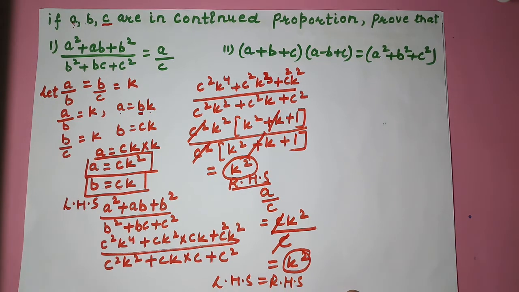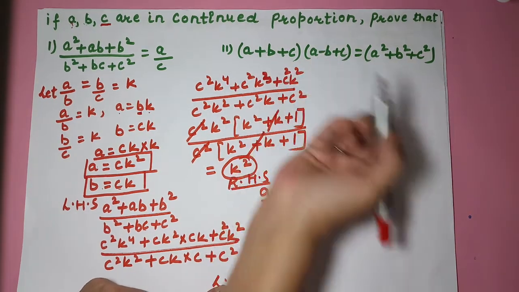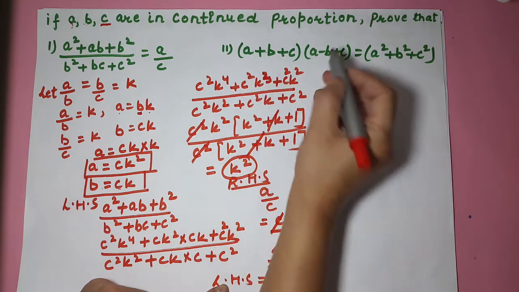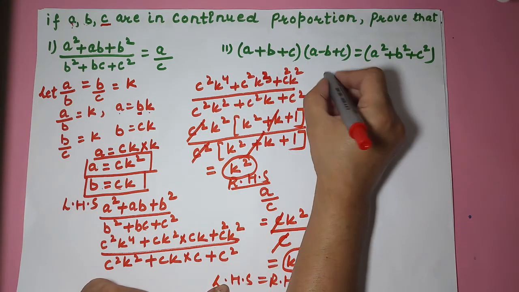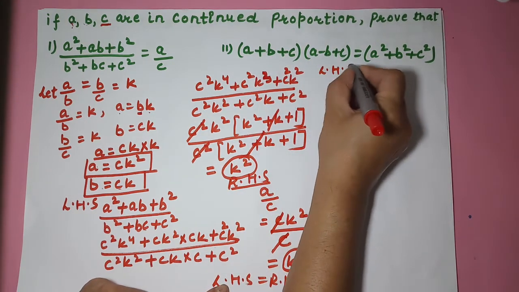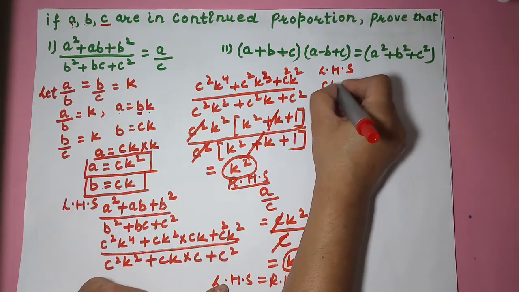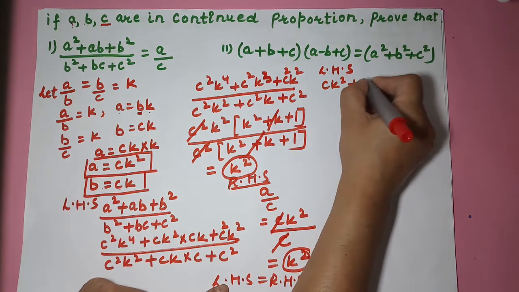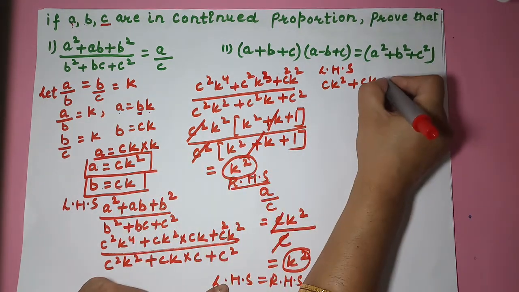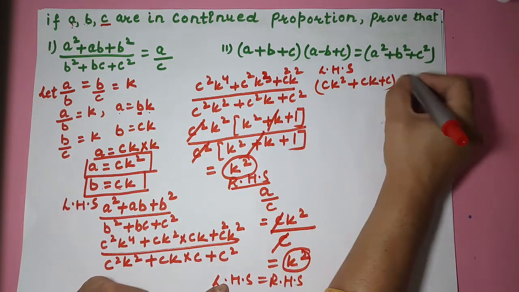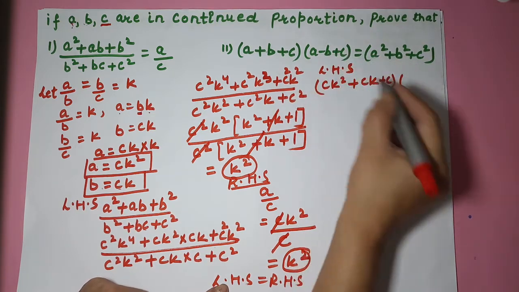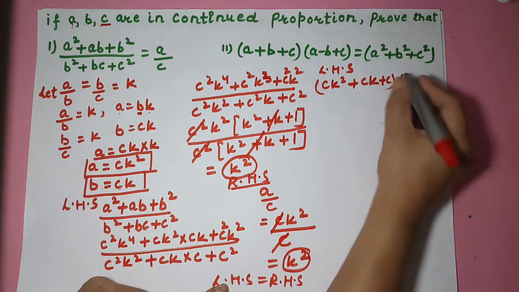Fine. So I have another question like this. So let me replace the values here. Let me take the left hand side first. So A I can replace as CK square, B I can replace as CK, and C I don't have to replace, and then the same I can replicate, but I can put a minus sign here.